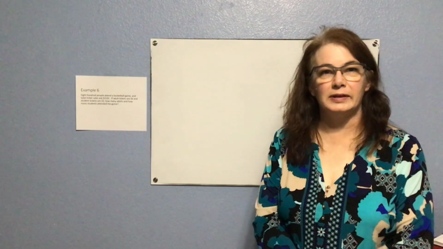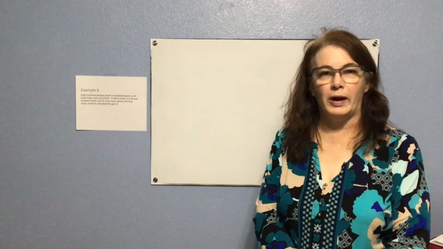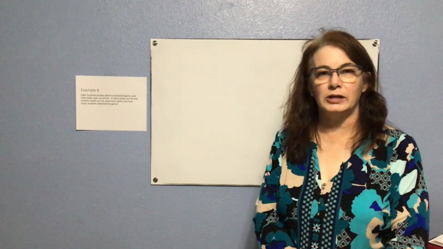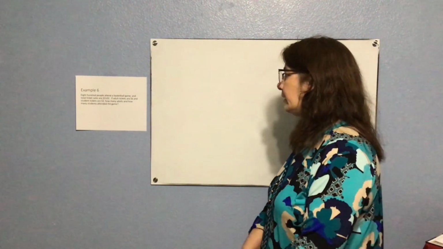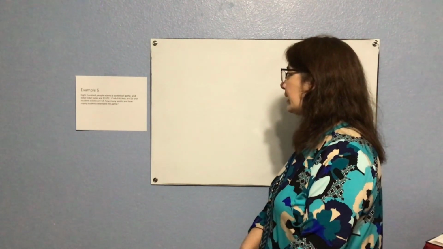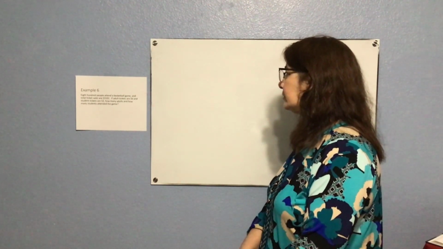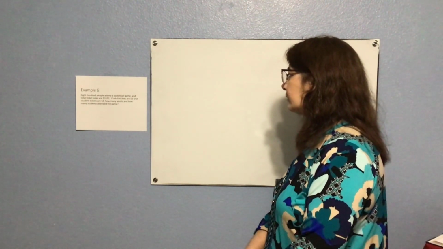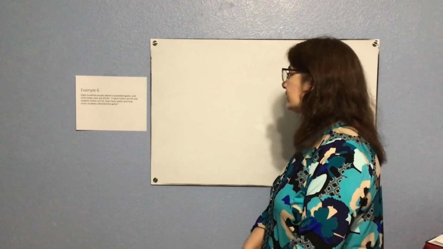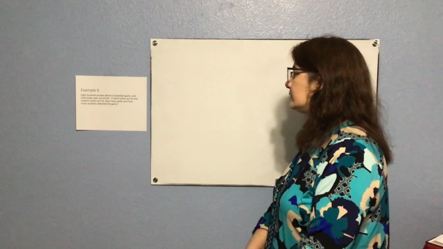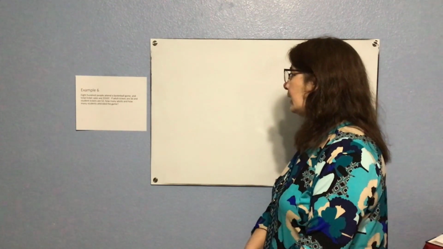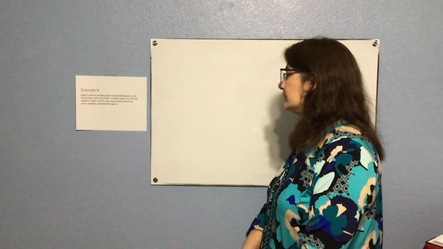Our last example for this section is a word problem that shows an application where we might use a system of equations. And it reads like this. 800 people attended a basketball game and total ticket sales are $3,102. If adult tickets are $6 and student tickets are $3, how many adults and how many students attended the game?